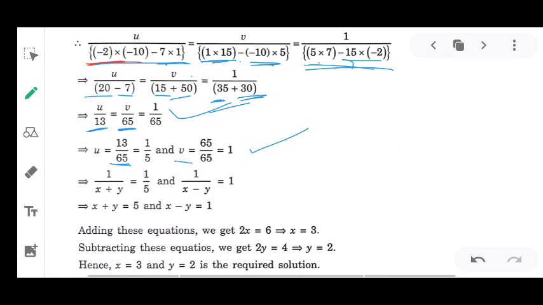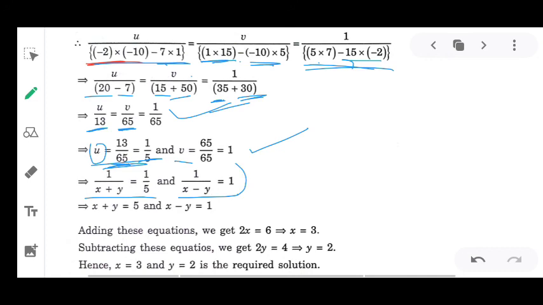So u is 1 by x plus y and v is 1 by x minus y. So u equal to 1 by 5, instead of u, now put the value of u, that is 1 by x plus y. So 1 by x plus y equal to 1 by 5, and 1 by x minus y equal to 1.